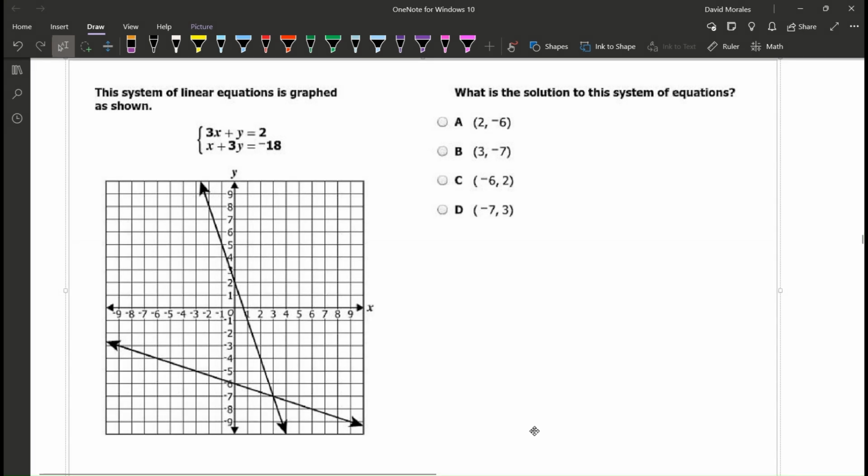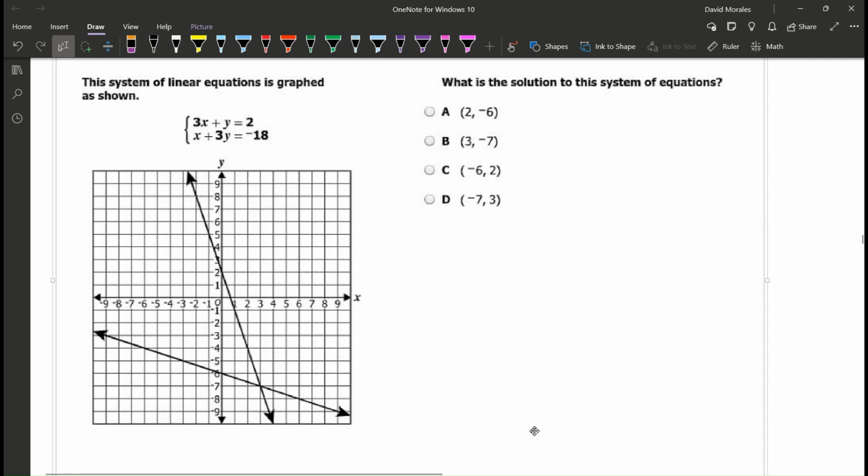So this right here, you can literally look at this question and look at where the two lines intersect, because that's the solution. And the x is 3 and the y is negative 7.